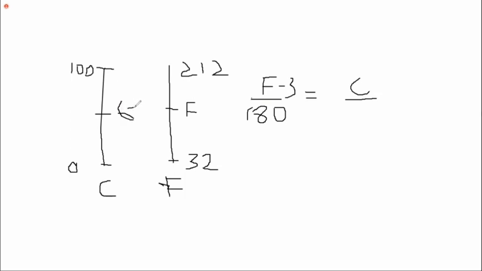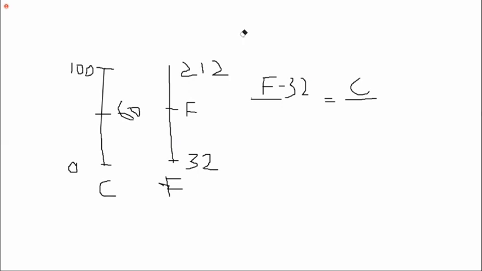We can put the 60 now as C. Then F minus 32, because of this calculation we get that relationship for the Fahrenheit to Celsius.